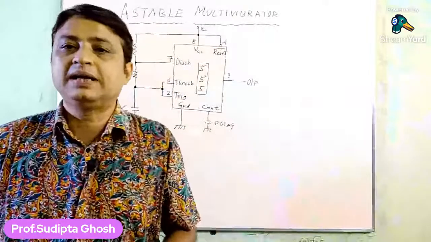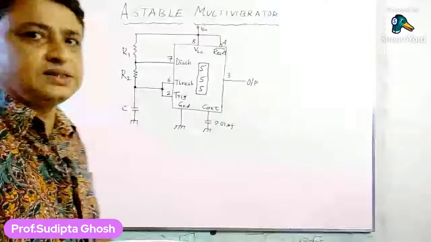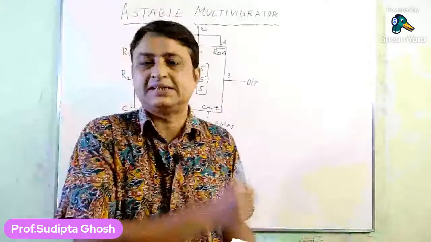Now if the transistor is in the cutoff region, that ensures that the capacitor is isolated, that is, the discharge pin is isolated. Precisely, we should say that the discharge pin, pin number 7, is disconnected, and this disconnection of the discharge pin happens practically.